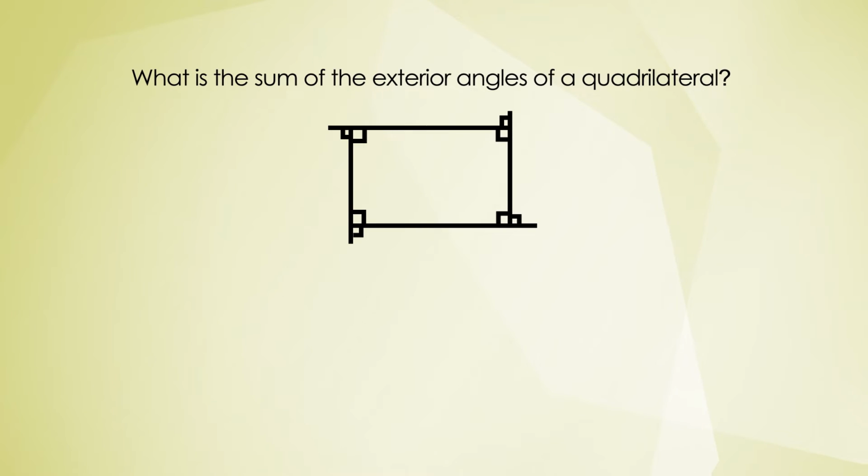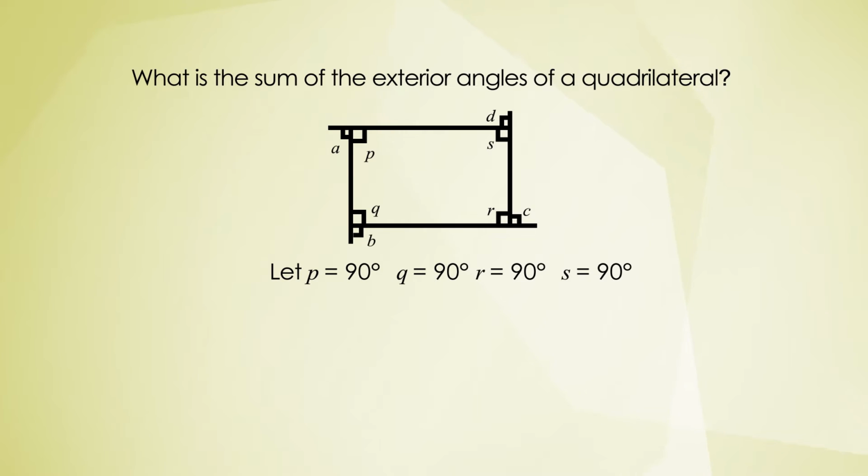The quadrilateral shown has its interior angles marked with the letters P, Q, R, and S, and the exterior angles with the letters A, B, C, and D. Knowing that the angles P, Q, R, and S are 90 degrees, we can find the sum of the exterior angles of the quadrilateral.